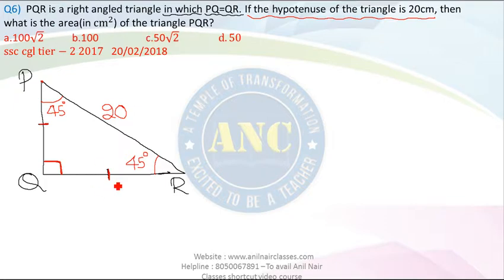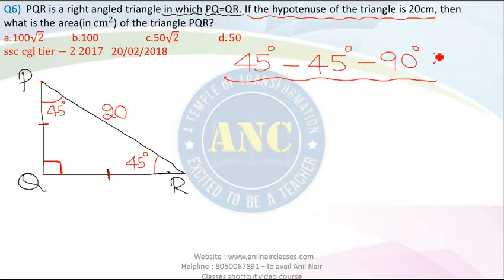Now see here, this right angled isosceles triangle is of the form 45 degree, 45 degree, 90 degree triangle, and I have taught you this in my heights and distances topic, saying that if the side opposite to 45 is 1 unit, the side opposite to 90 will be root 2 units.